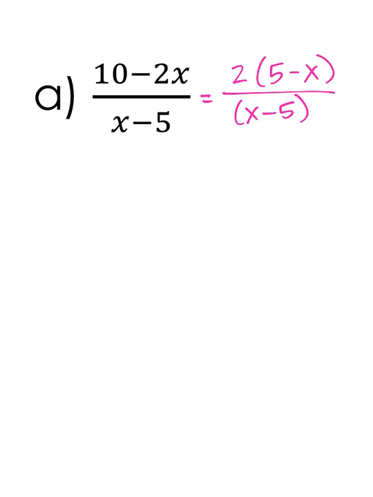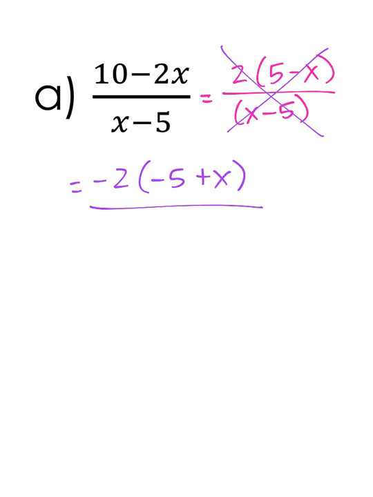So we can see that those are very similar. I've got 5 and x on both the top and the bottom, and then I've got this negative sign in between. So instead of taking out a 2, I'm going to take out a -2. So 10 divided by -2 is -5. -2x divided by -2 is x.